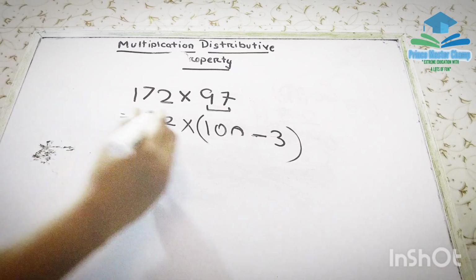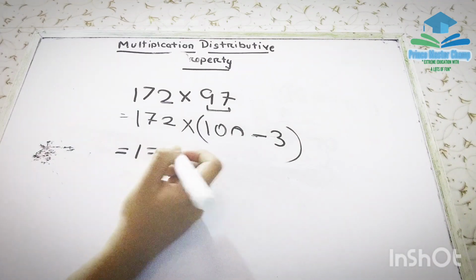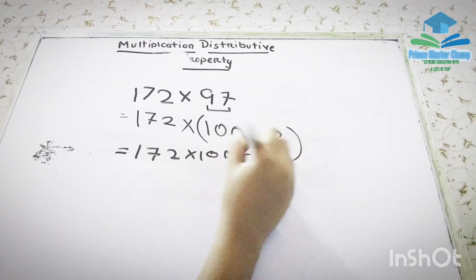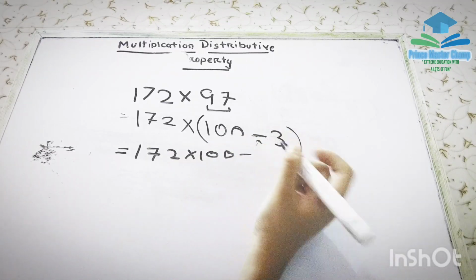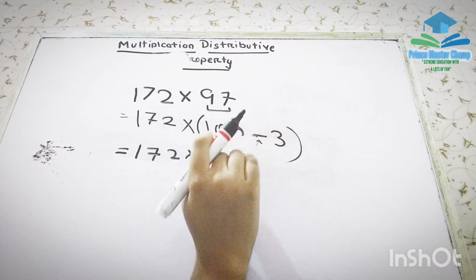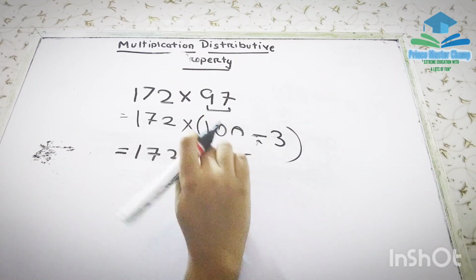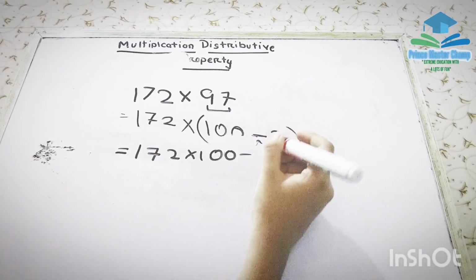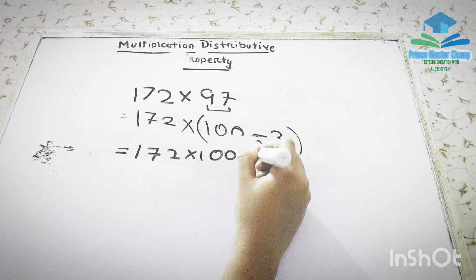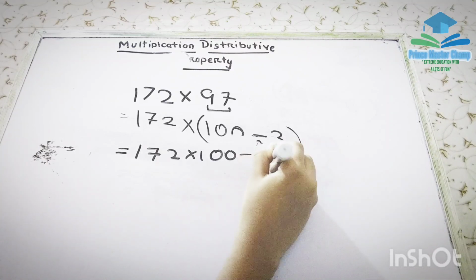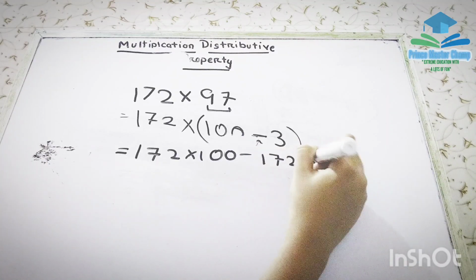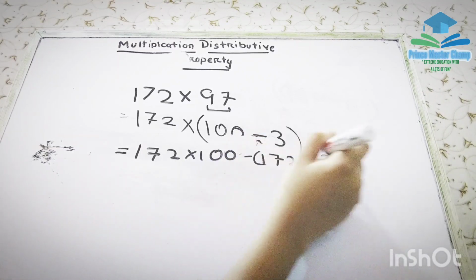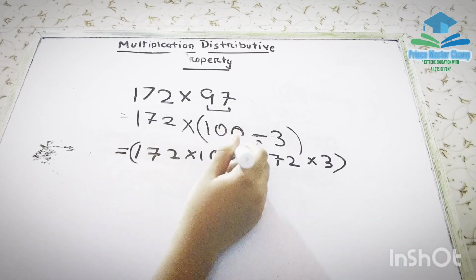What are our steps? 172, first we are going to multiply it with 100, and then we will give the sign over here. After we give the sign, we need to write the rest of the steps, which is to multiply 172 with 3. Understood? So now let us close them with some brackets.